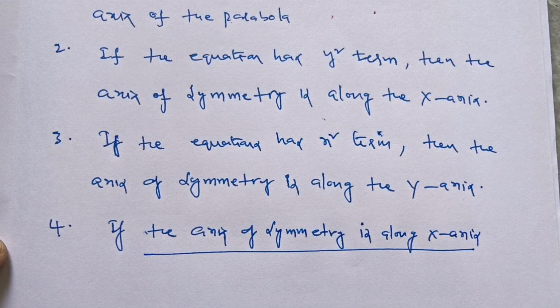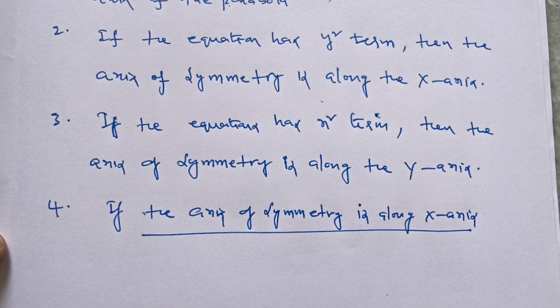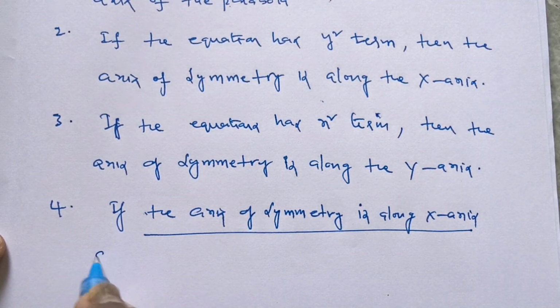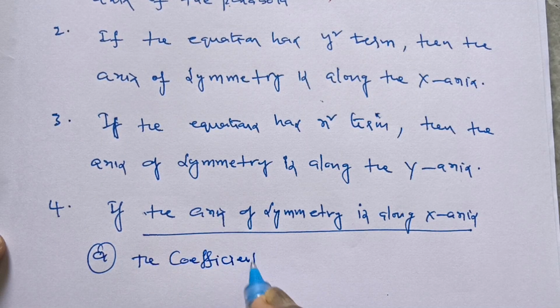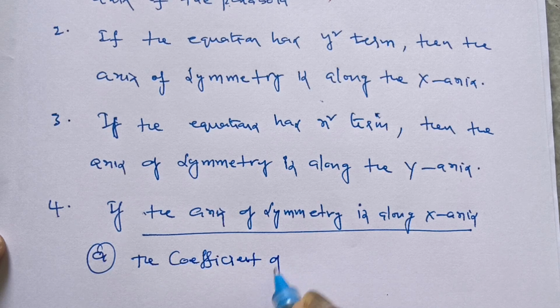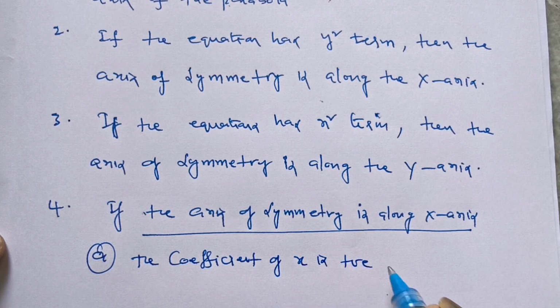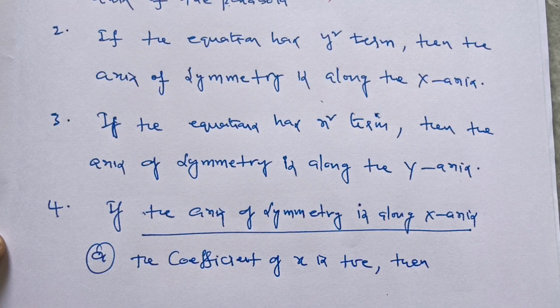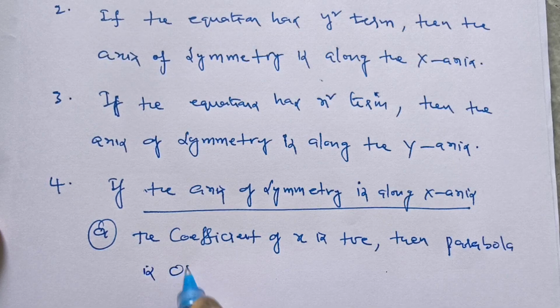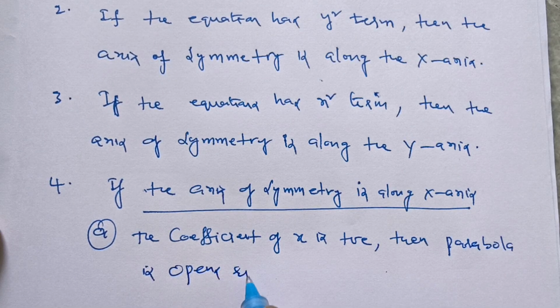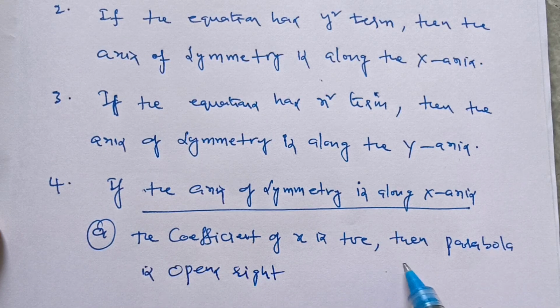If the axis of symmetry is along the x-axis: A, the coefficient of x is positive, then the parabola opens right. It is in the shape like this, it opens right.